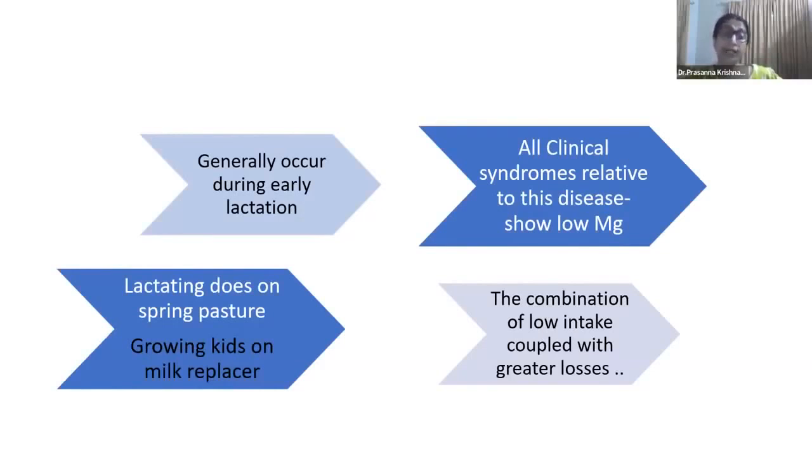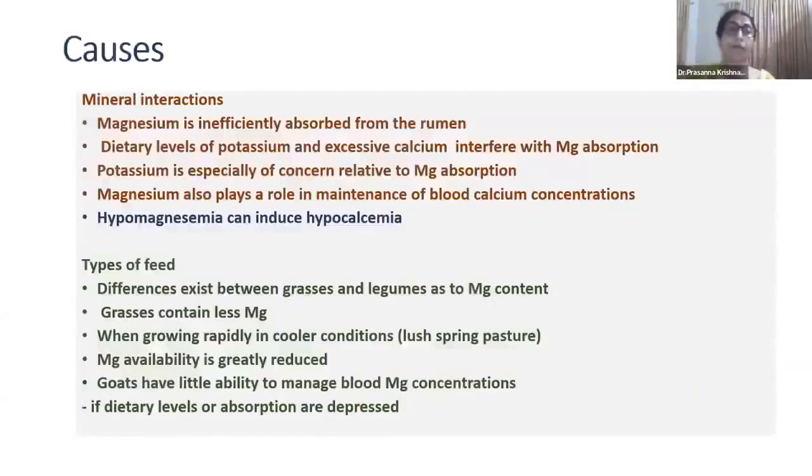So if these groups of animals are showing excitability, hyperexcitability, and nervous symptoms like stiffness, then you have to give special attention. And sometimes, the combination of low intake of magnesium coupled with greater losses of this element can aggravate the condition.